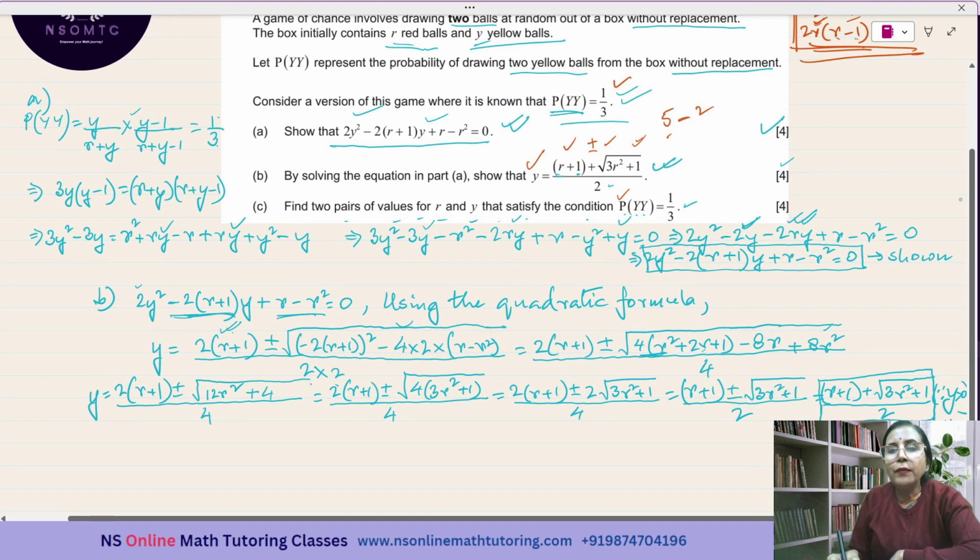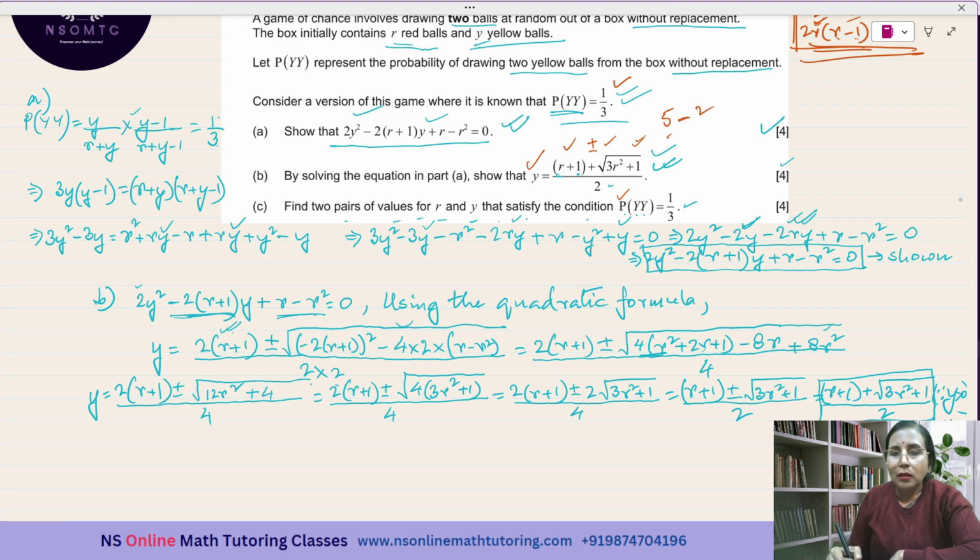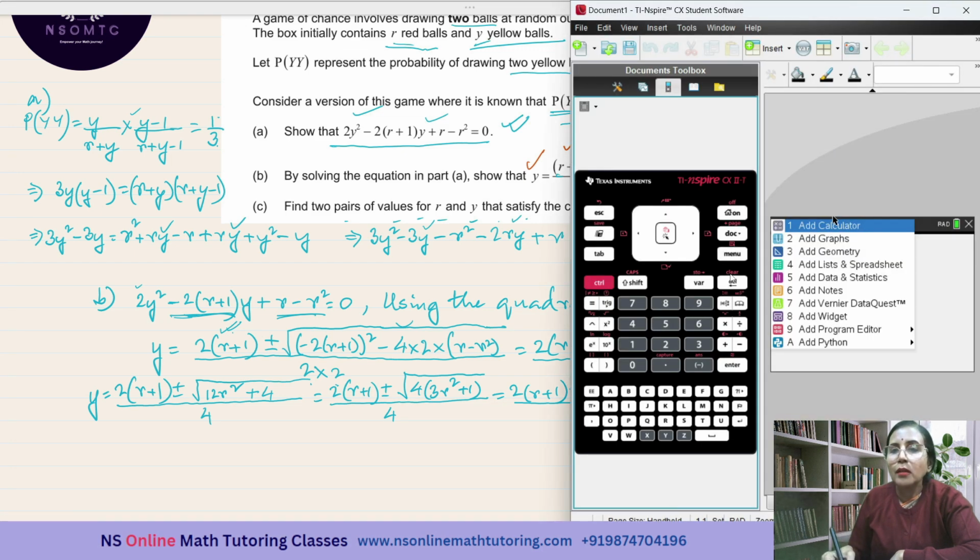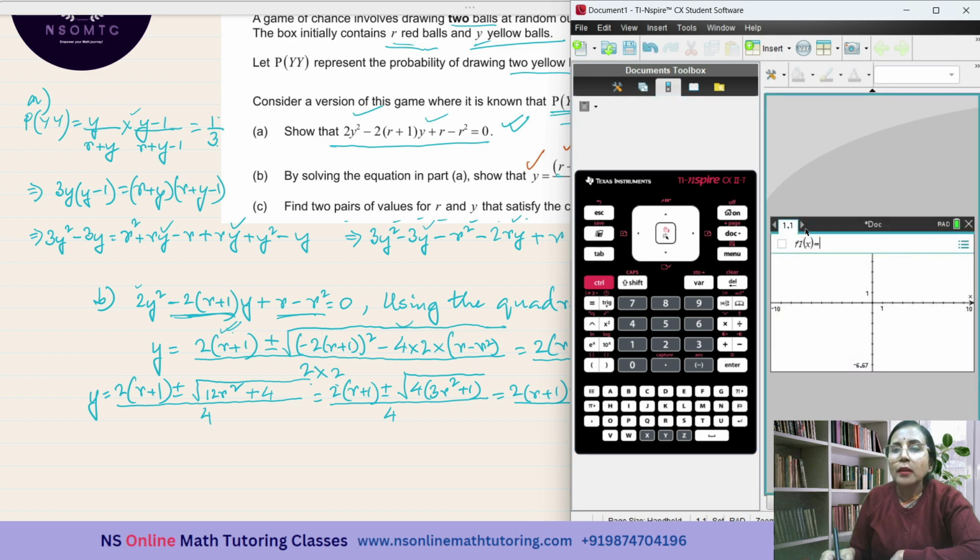Okay, first of all, we will be graphing this. Add graphs, and okay, the denominator is very easy. It is 2, and this part is, don't write r plus 1, calculator will not be recognizing it.